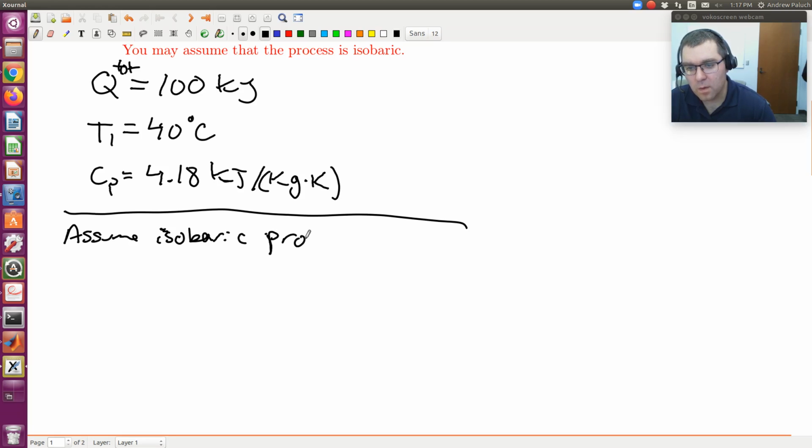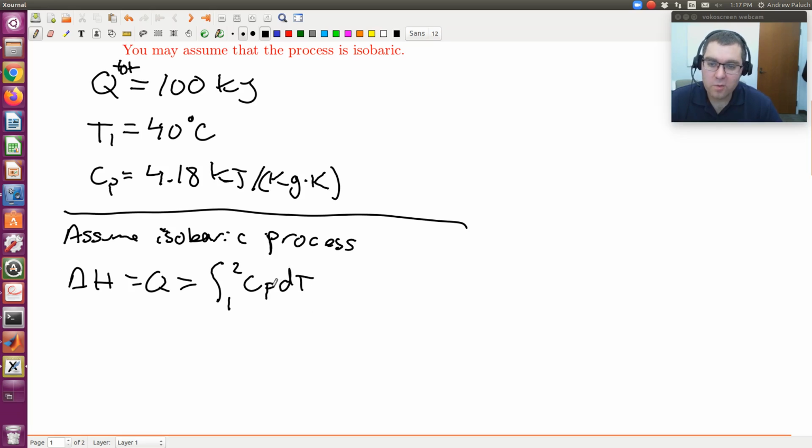process. For an isobaric process, recall that our first law energy balance reduces to delta H equals Q, where delta H is equal to the integral from my initial state to my final state of Cp dT. Here we're assuming that Cp is constant, so that's Cp times T2 minus T1.